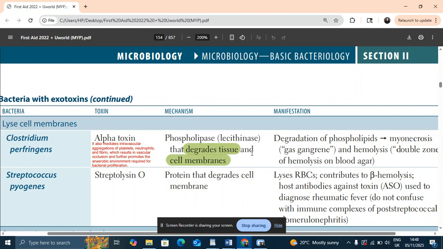There will be foul smelling discharge. These are very high yield points: muscle death, myonecrosis, gas production or crepitus under the skin, and then foul smelling discharge. So these are the buzzwords for Clostridium perfringens you should remember.